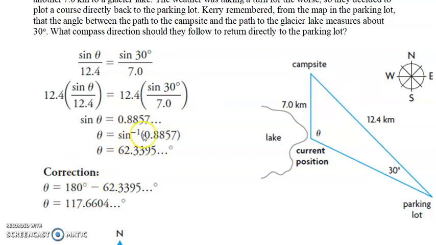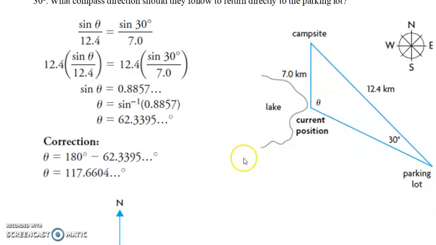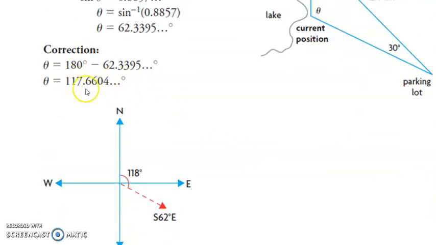This will only give us an answer between 0 and 90. So we have to take 180 and subtract that value. So the actual angle is 117.6604 to be exact. So we say that's approximately 118 degrees.